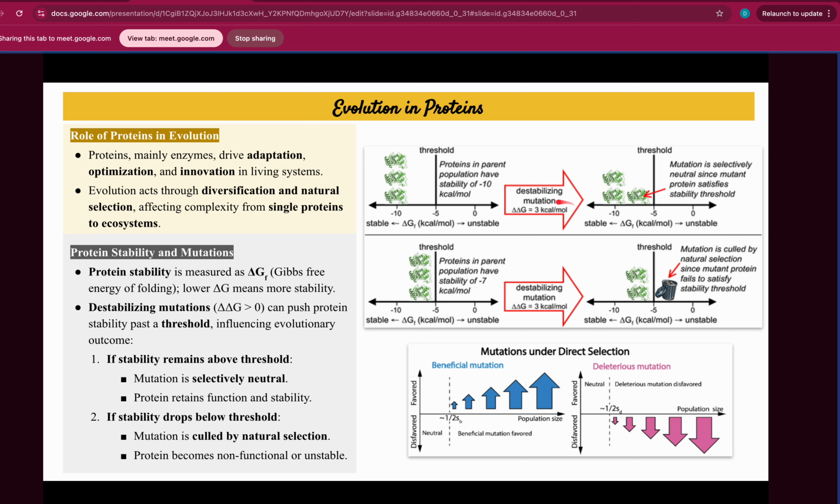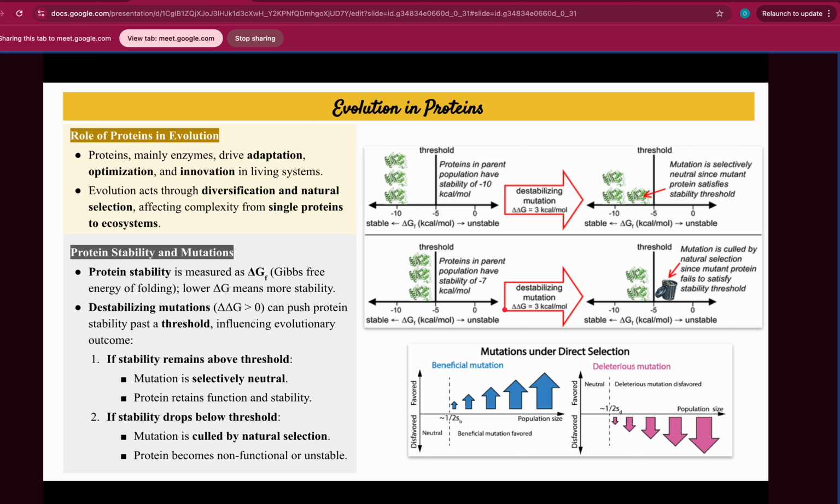This is the difference in the energy values. Now this -7 is still below the threshold, so this mutation is favorable. The mutation is selectively neutral since the mutant protein satisfies the stability threshold. So nature has decided some threshold value, that if our delta G value lies below that threshold, then the mutation will be selected. Natural selection will accept that mutation.